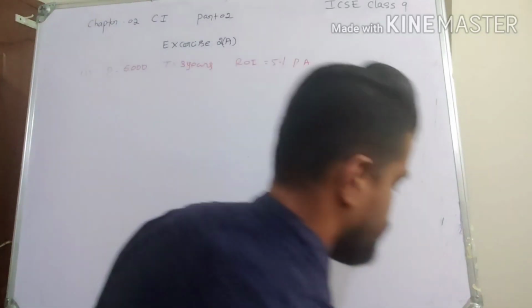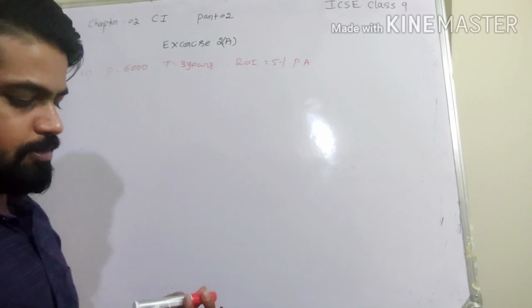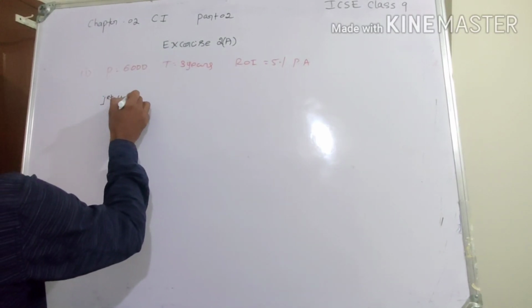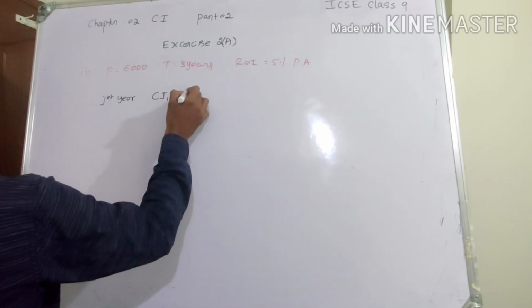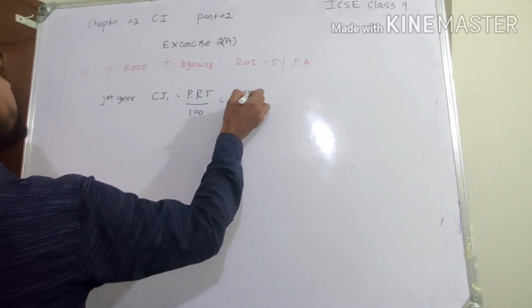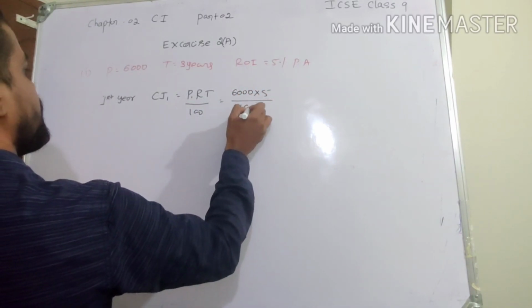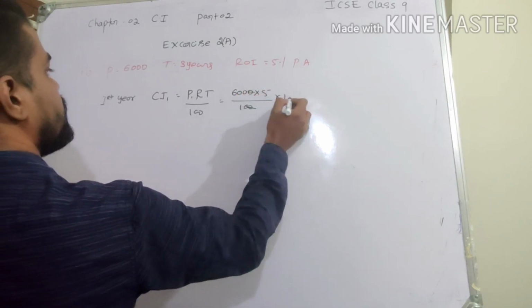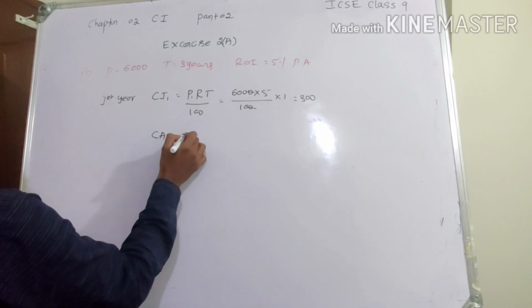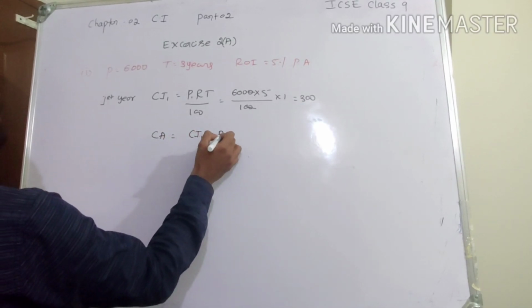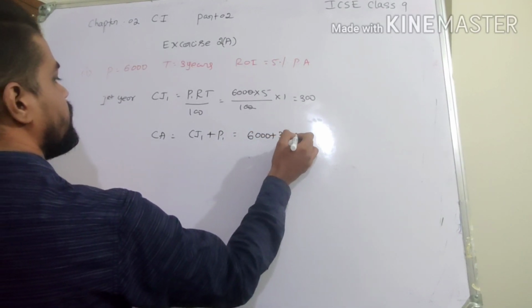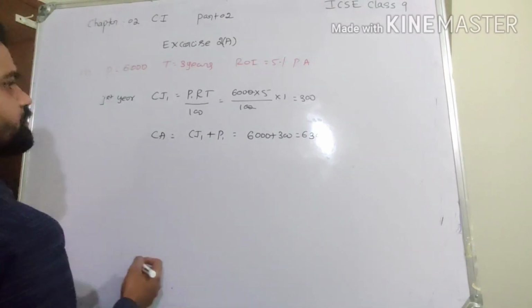Okay. So now we are going to do the same thing that we did in the first question, as a table. Here, first year, CI for the first year is P1 RT by 100, and P1 is nothing but 6,000, R is 5 by 100 into 1, this will cancel, we end up with 300. Okay, and the compound amount will be CI1 plus P1, which is going to be 6,000 plus 300, 6,300.